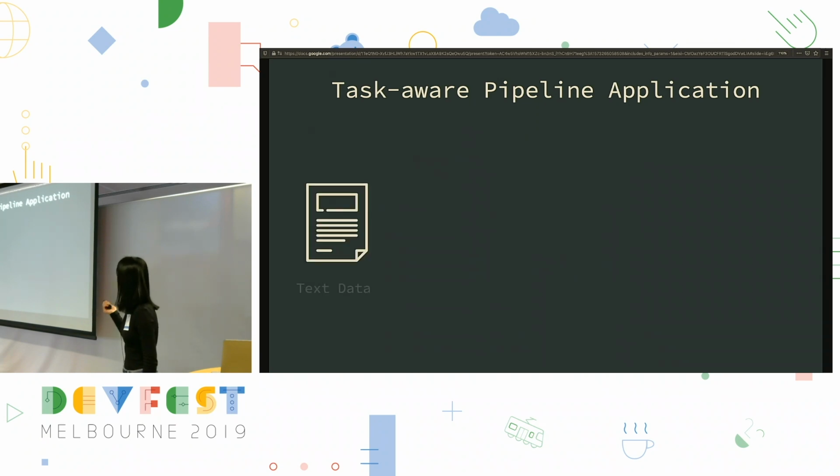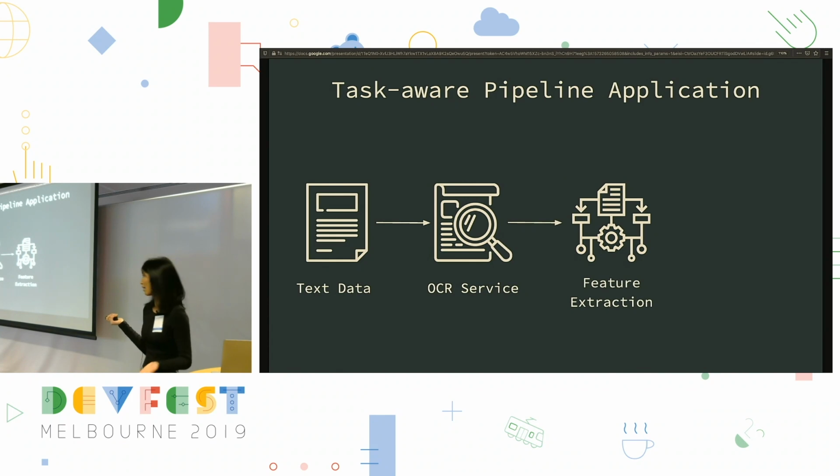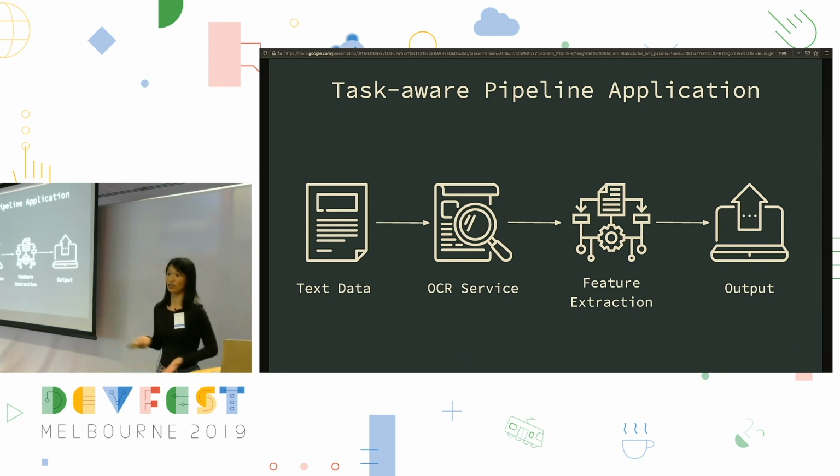So I have some text data, and I send that text data to the existing OCR service. Then I get a recognized text result back. And then I perform feature extraction on the recognized text to extract the features required. And then I output those extracted features to a desired destination.